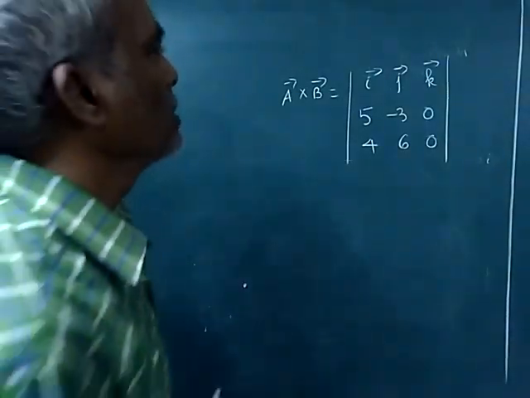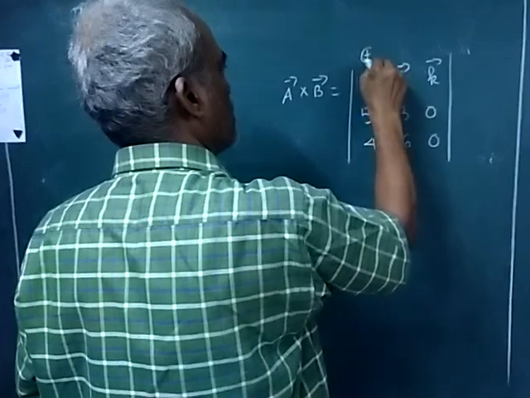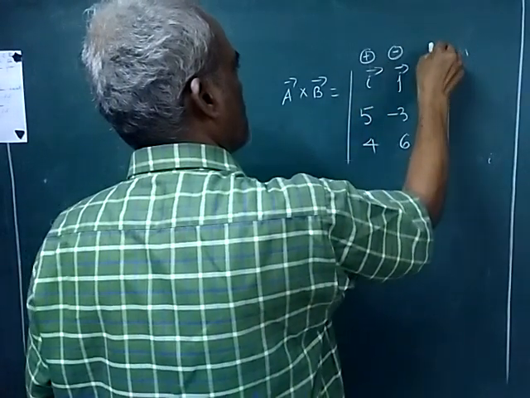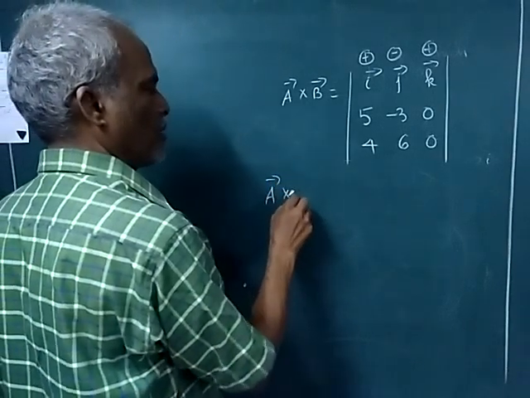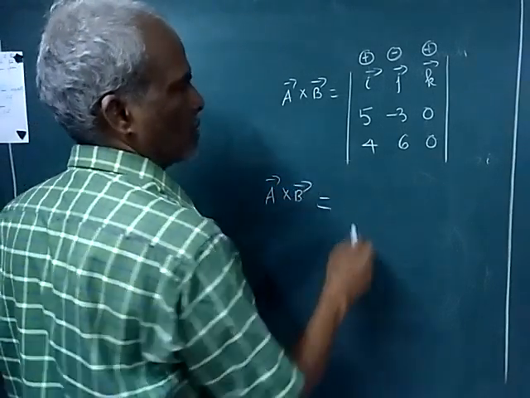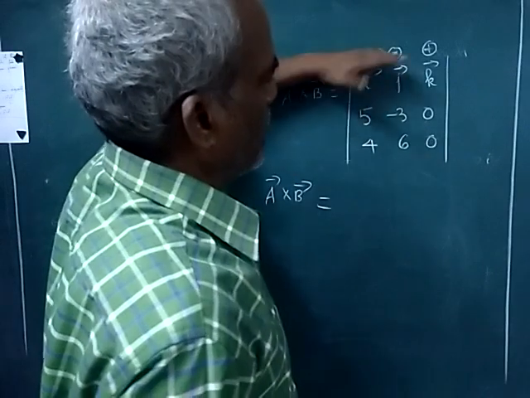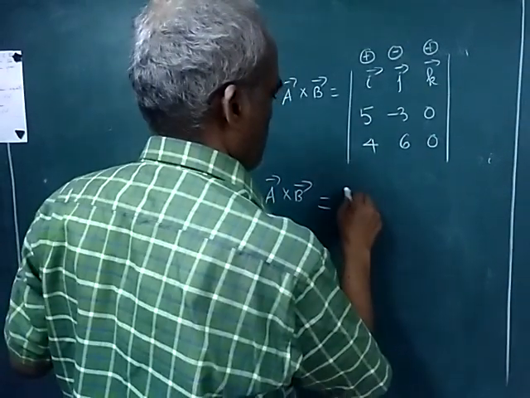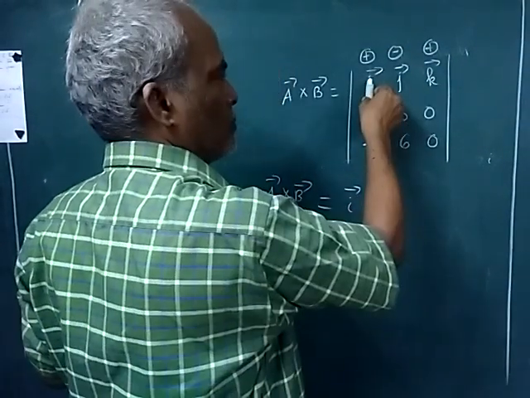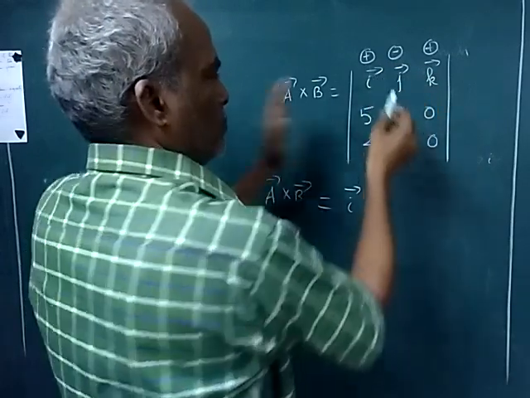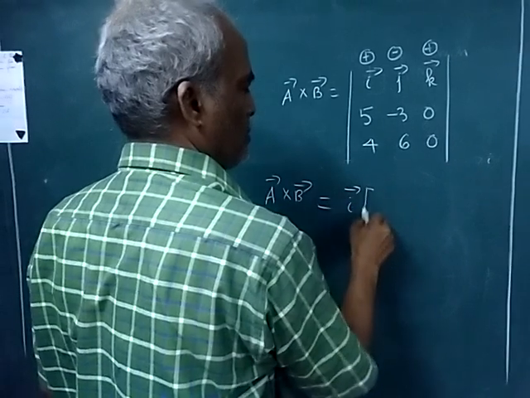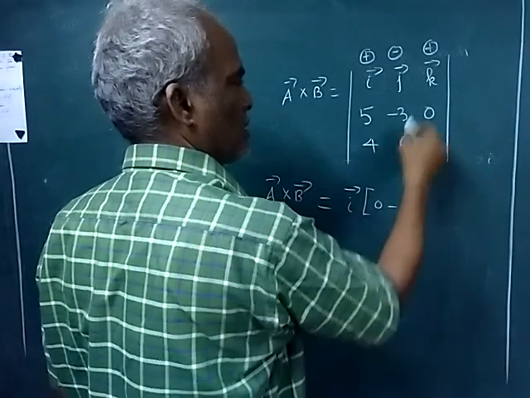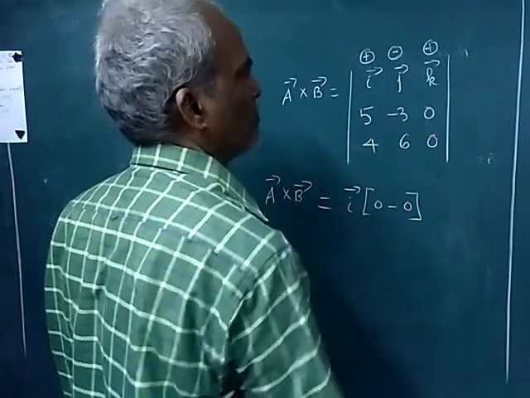So how to solve this? This is plus, this is minus, and this is plus. Therefore, a vector cross product with b vector is equal to, now this is i vector, you hide these two. So multiply minus 3 into 0, it is 0. Minus 6 into 0, that is also 0.